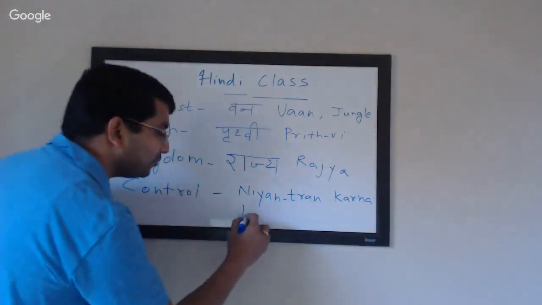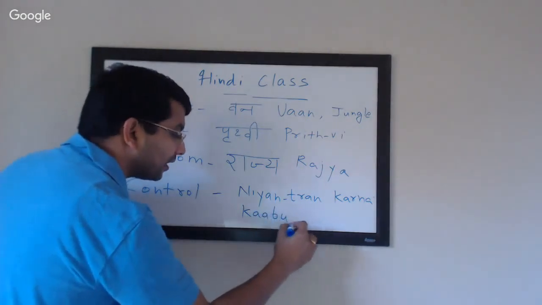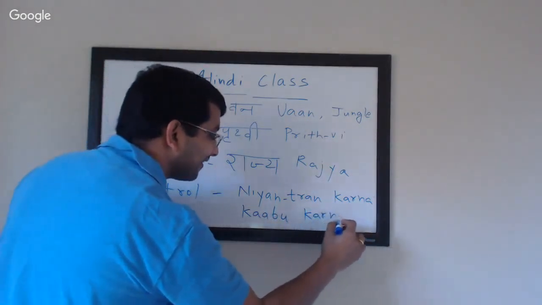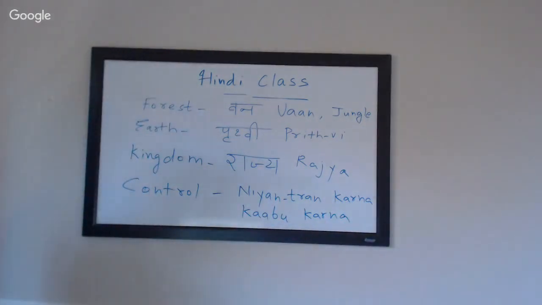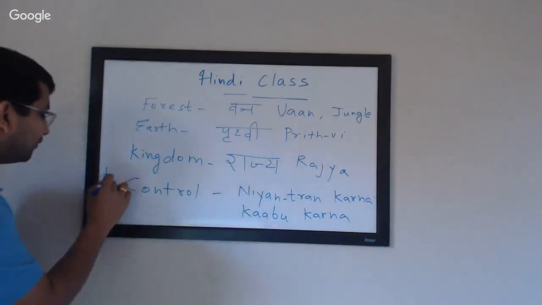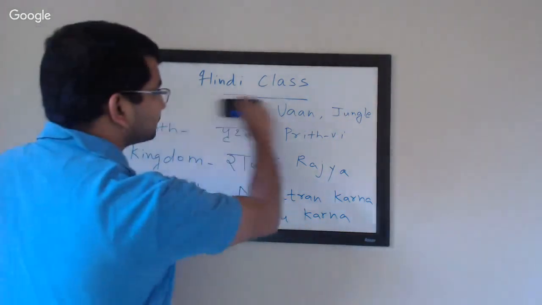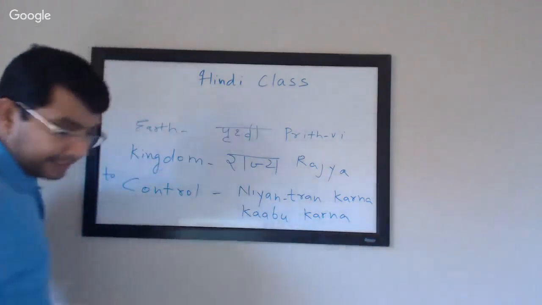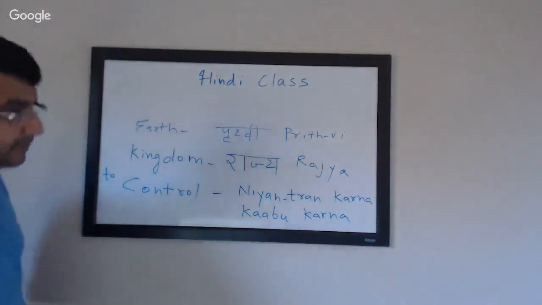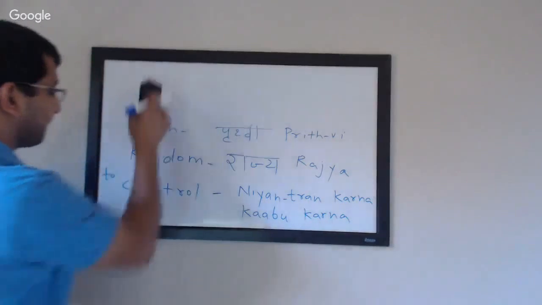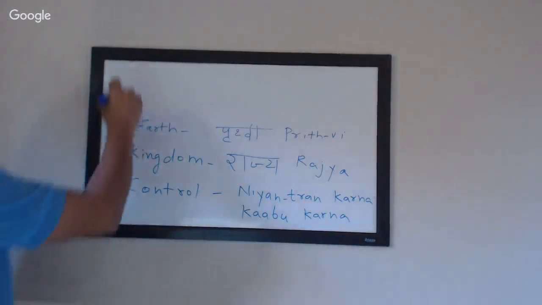Or you can also say kabu. Kabu karna. Okay, niyantran karna, or you can say kabu karna. So it's a verb, to control. It's a good verb to remember, so you can use it in your essays and sentences. Let's keep going. So at least we get to cover at least 9 to 10 vocabulary words here. The next one I have is to take advantage.